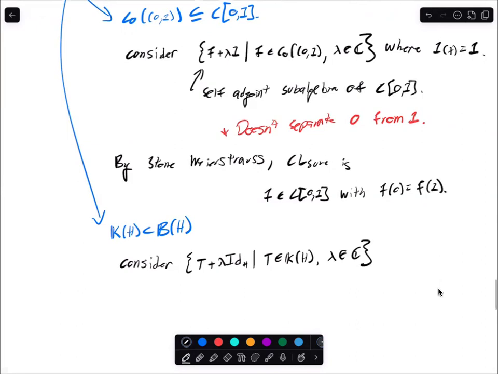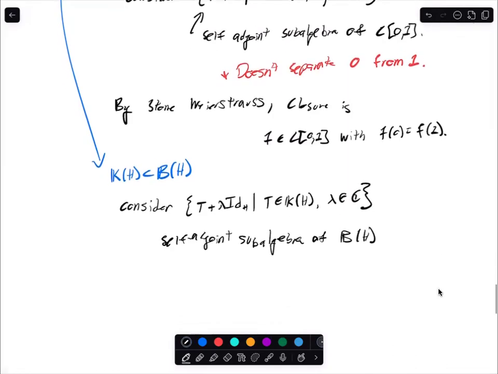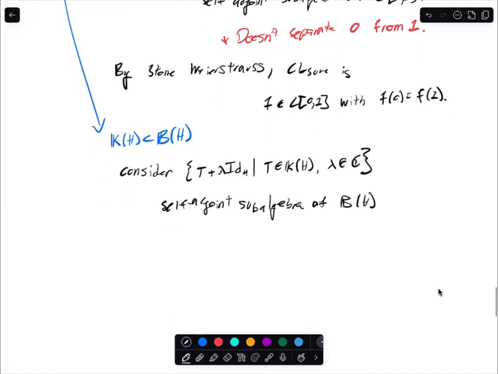And this is, again, a self-adjoint subalgebra of B of H. So all we have to do is close this up, and since any closed star subalgebra of B of H is a C-star algebra, then we've basically done our job. This allows us a unit. Remember, the whole reason we wanted a unit is so we could study the spectrum of these different operators.